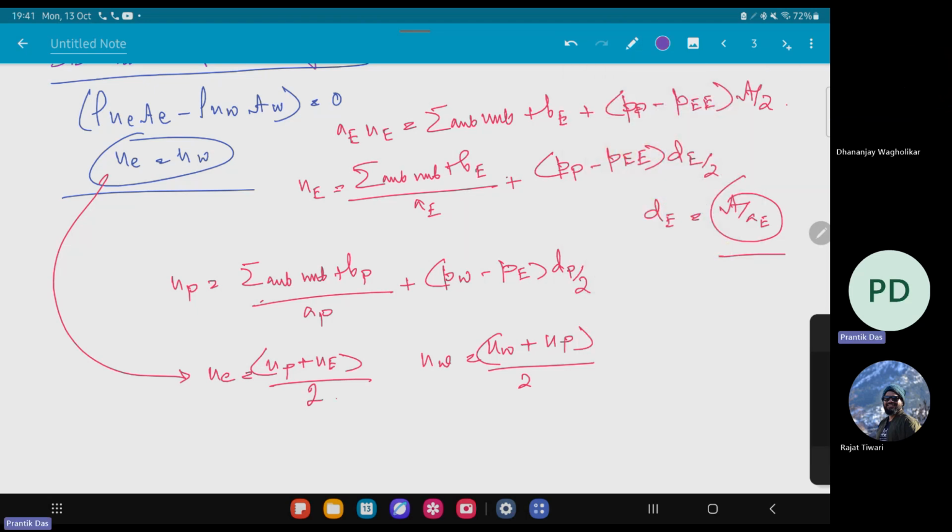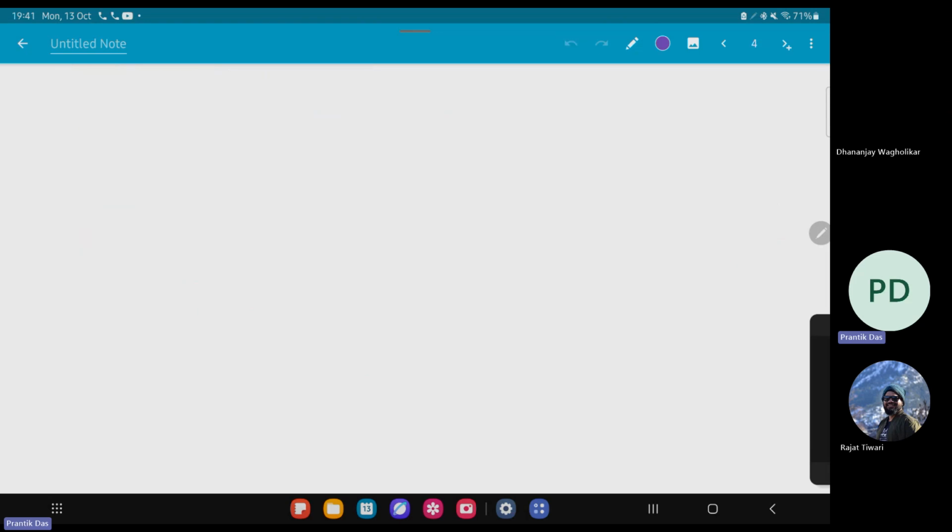Let us concentrate on small e, with UP and UE being the expressions I have shown previously. So small e is equal to UP plus UE divided by 2.